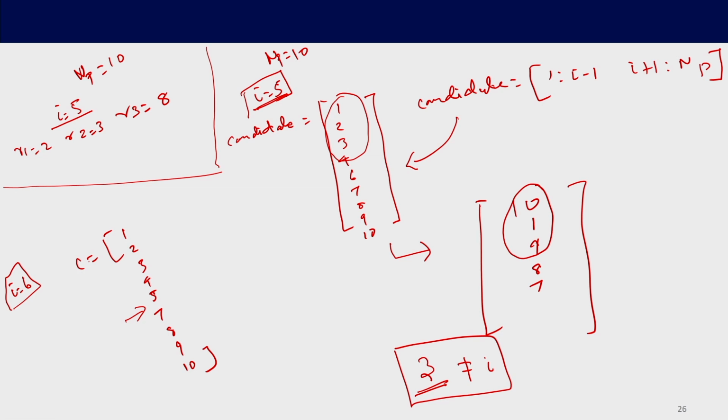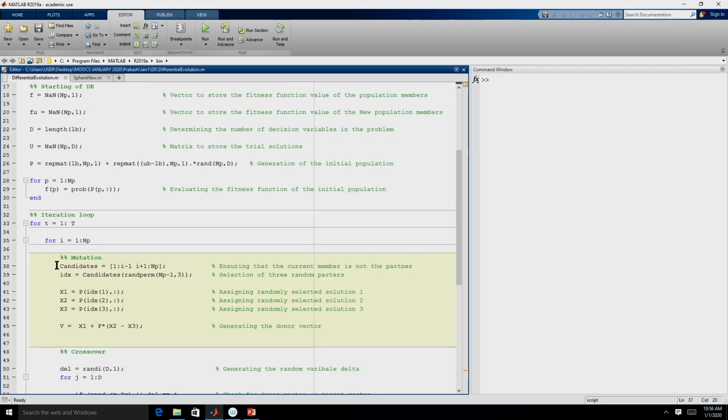This way we can always be sure that the 3 solutions we are selecting are unique as well as not equal to I, and we do not need to employ an if condition to check that. Here we are selecting the candidates. Candidate is 1 to I minus 1, and I plus 1 to NP.